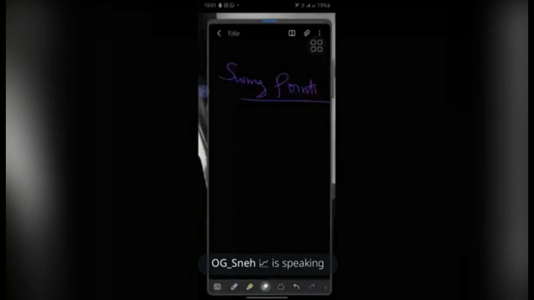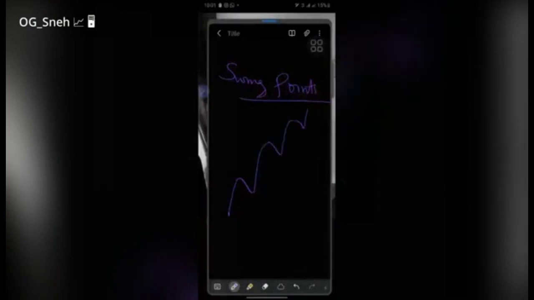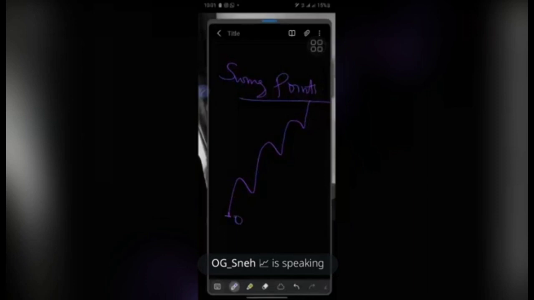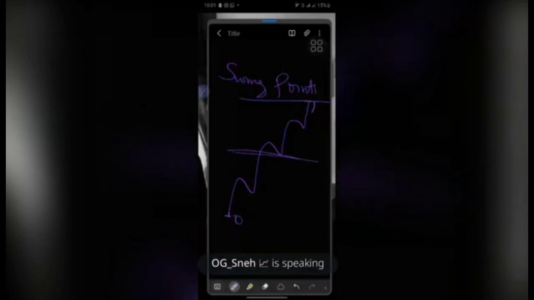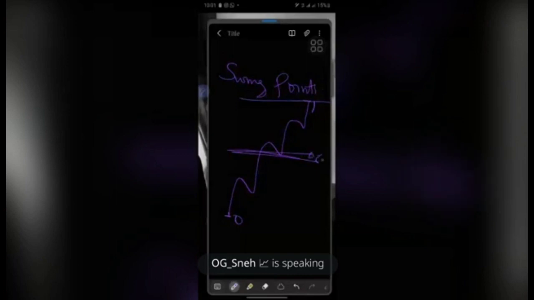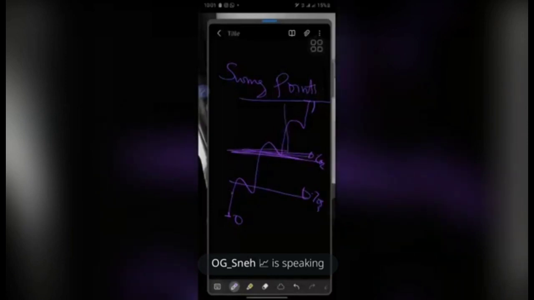So you place your 0, 1. Let's say it's here that 0.62 is, and here is 0.705. So if you want to enter this market, you enter here for you to long, then you place your stop loss just slightly below the 0.705 level. Do you understand?